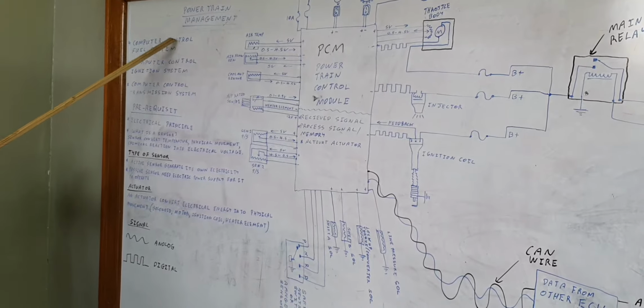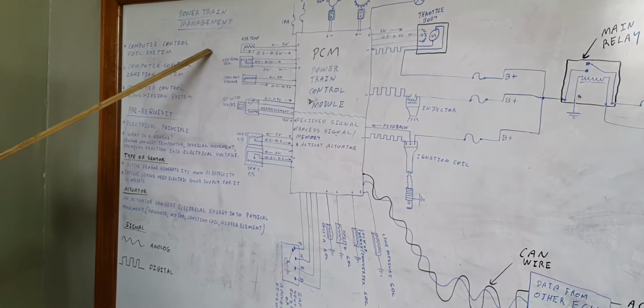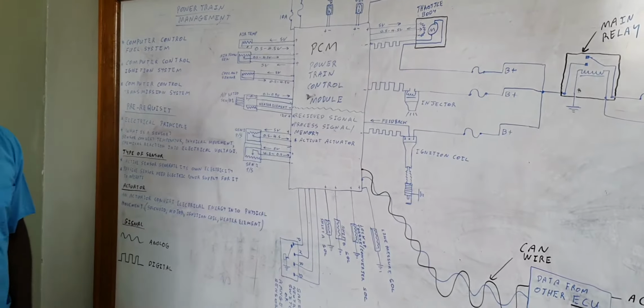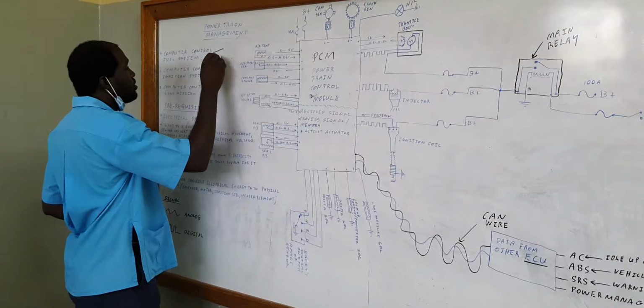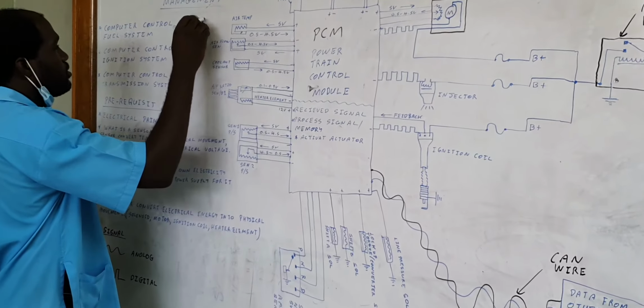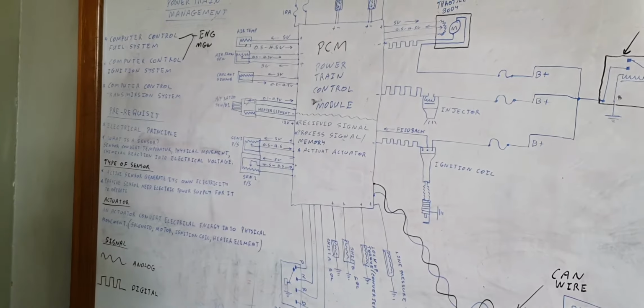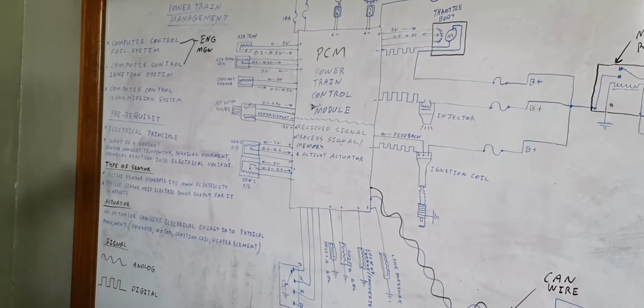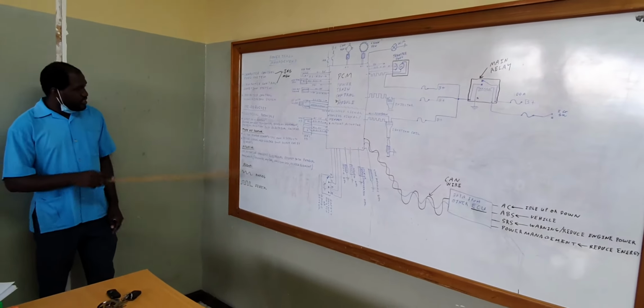When we merge computer control fuel and computer control ignition, we get what we call engine management. So that's why we come out with this term right here. Engine management.